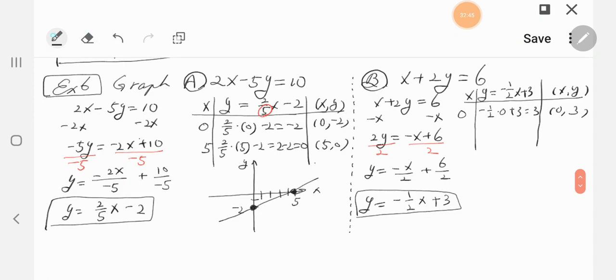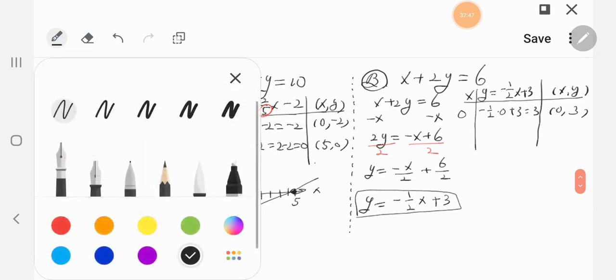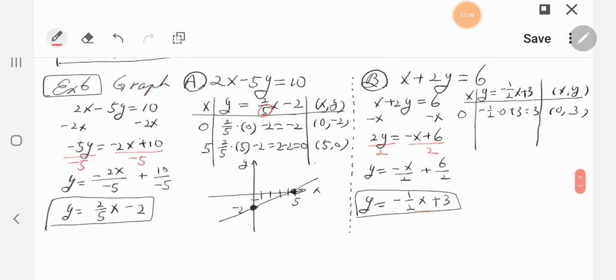Since the coefficient of x is a fraction and the denominator is 2, let's use a multiple of 2. So let's use 2. -1 over 2 times 2 plus 3, the 2s cancel out. So -1 plus 3 is equal to 2. So the ordered pair is x equals 2, y is 2.